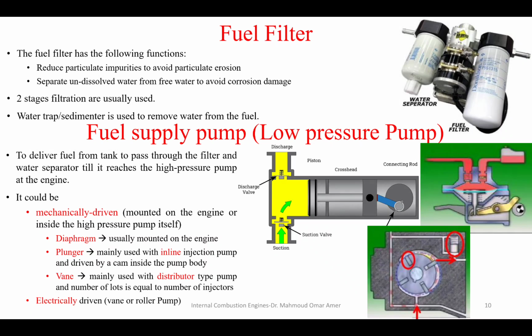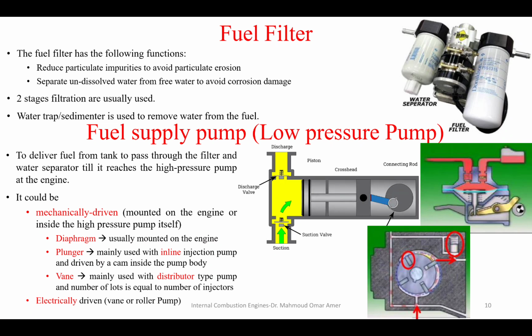Diesel fuel itself has the ability to absorb moisture from the atmosphere. This water, in very humid places, if it entered the high pressure lines and pump, will cause corrosion in them and will damage the pumps. So we must separate the water from the diesel fuel.